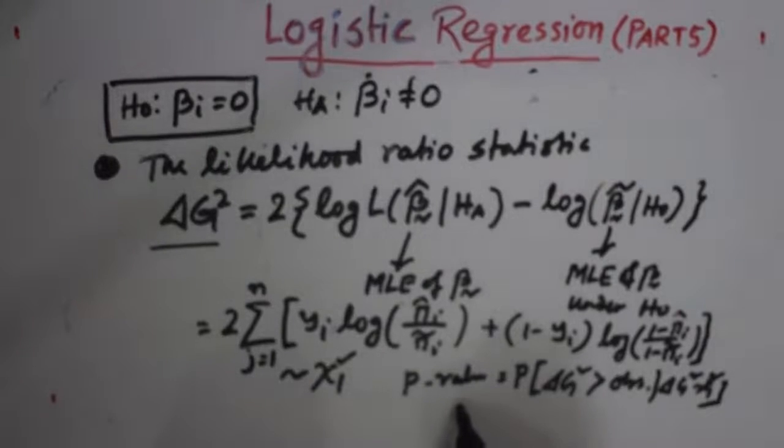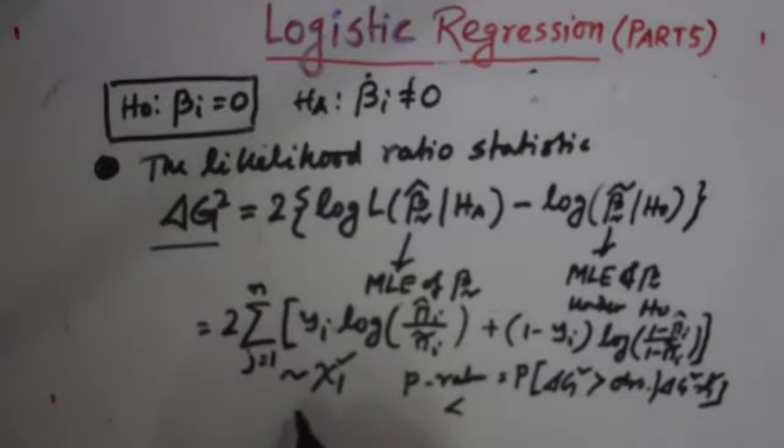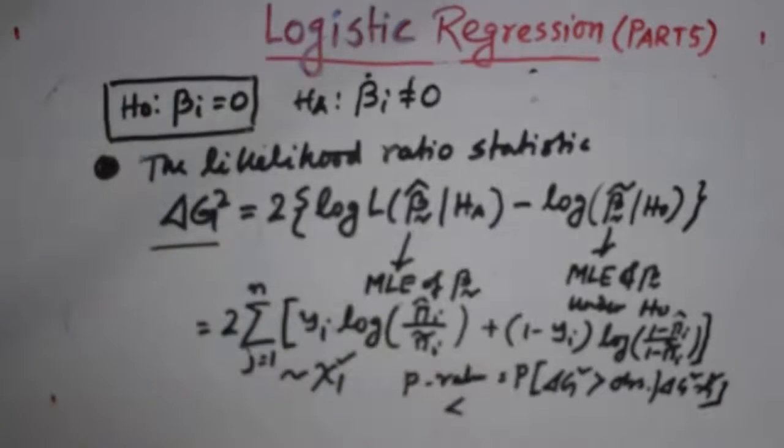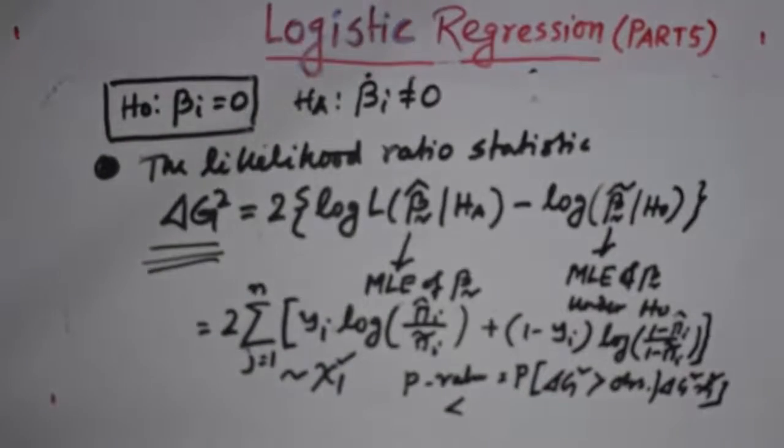If this p-value is less than your level of significance, then we reject the null hypothesis, otherwise accept it. Or you can compute the critical value, and if the statistic is greater than the critical value, then we reject, otherwise accept it.